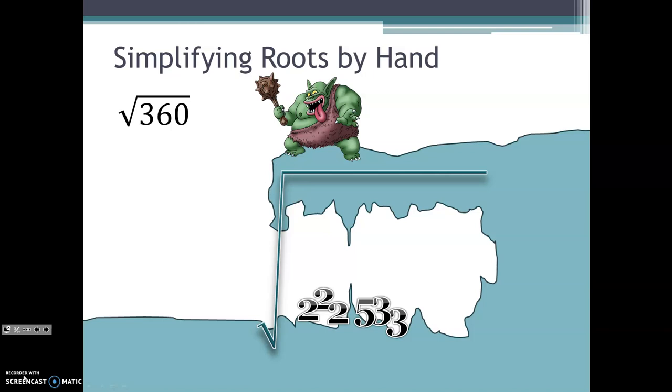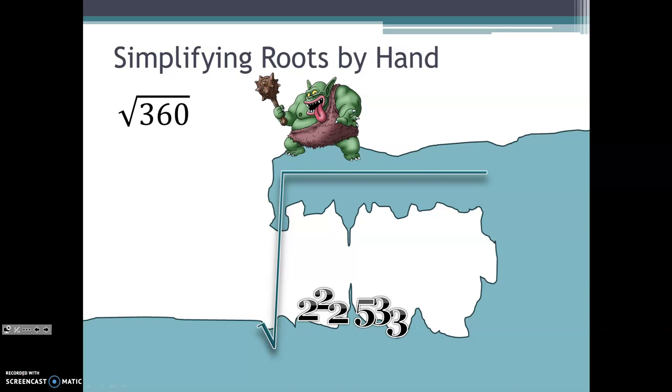So for this one, I'm looking at a square root, and even though they don't write it, the index for this would be 2. Square root has an index of 2. So essentially this radical troll will let any group of 2 out. But the catch is the groups of 2 have to be identical pairs.